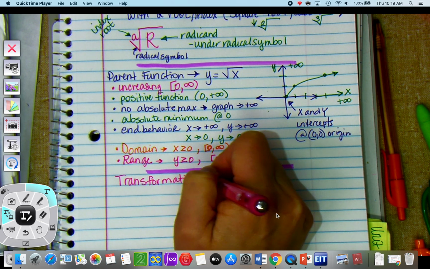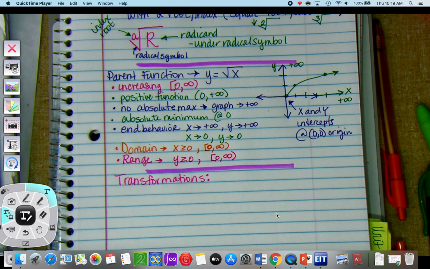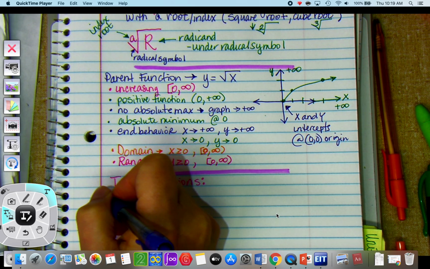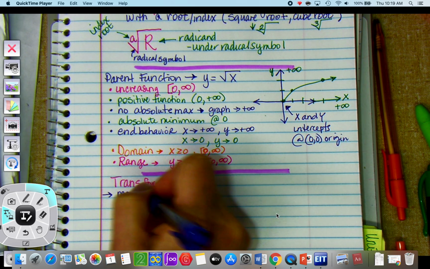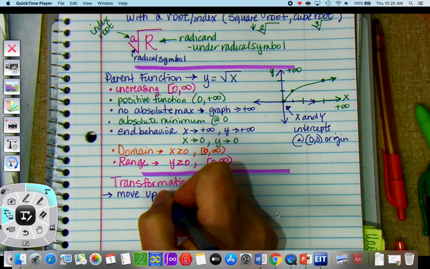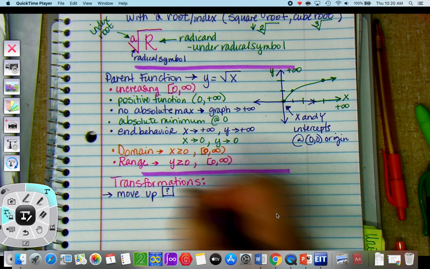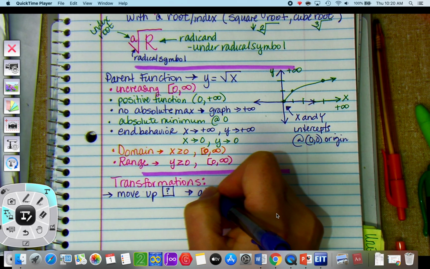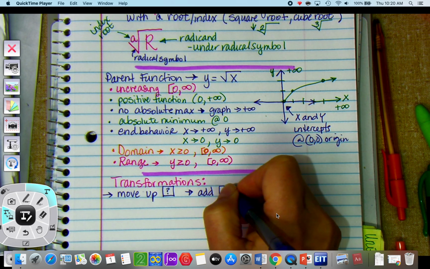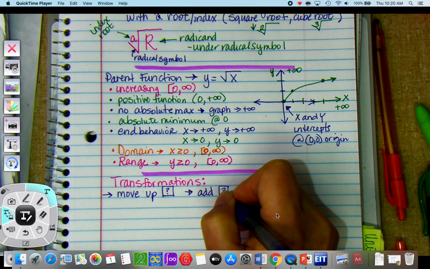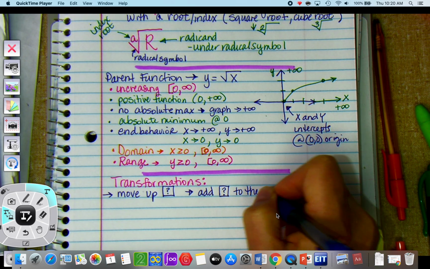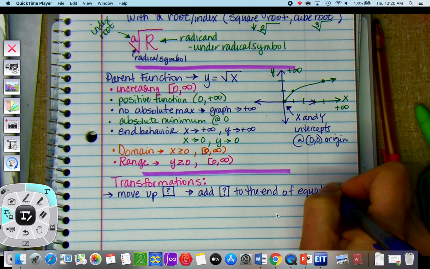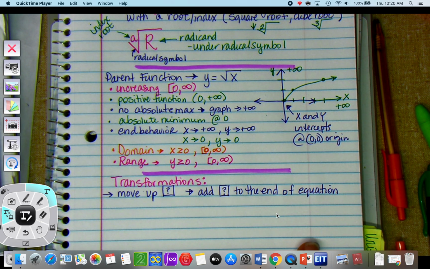Anytime you have a function, whether it's quadratic, linear, or radical in this case, if you want to move your function up any amount, all you have to do is add that amount to the end of your function.